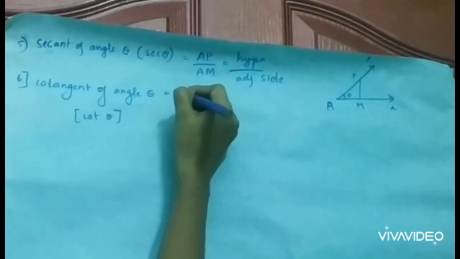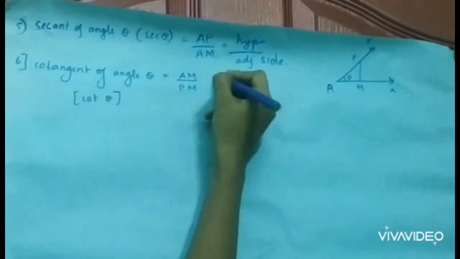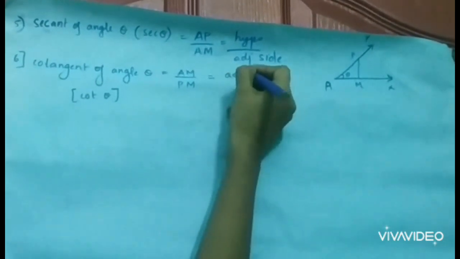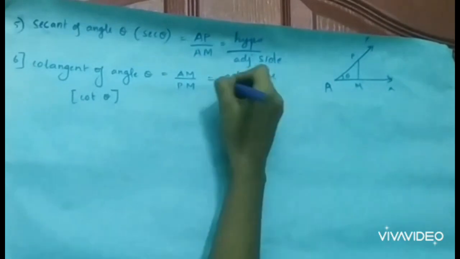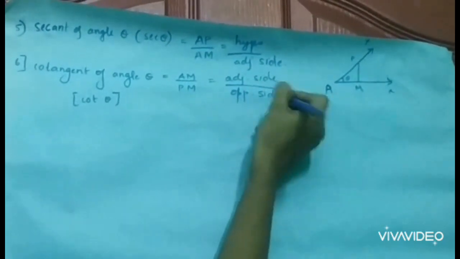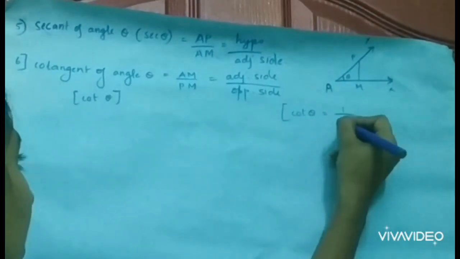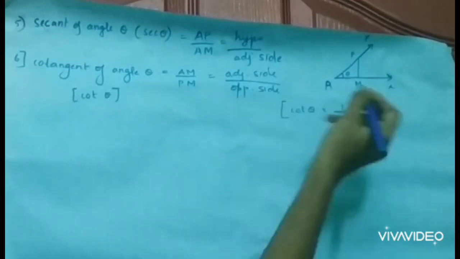Here the adjacent side is AM and the opposite side is PM. That is equal to adjacent side by opposite side. Cot theta is equal to 1 by tan theta.